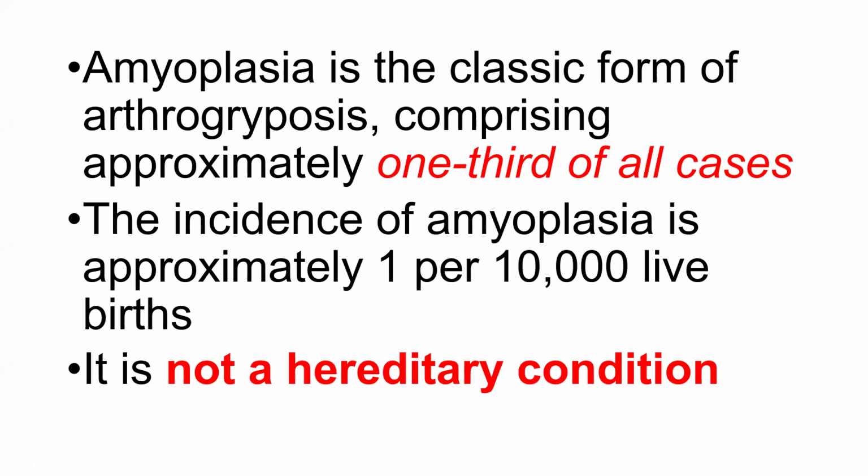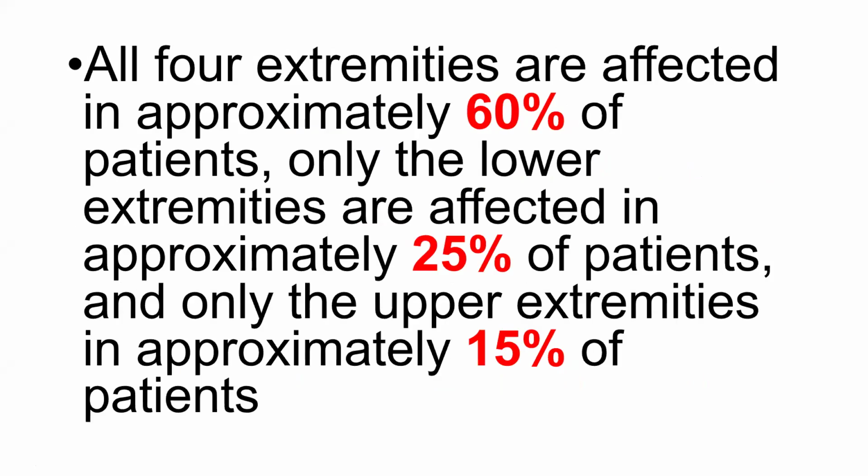It is not a hereditary condition. All 4 extremities are affected in approximately 60% of patients. Only the lower extremities are affected in approximately 25% of patients, and only the upper extremities are affected in 15% of the patients.